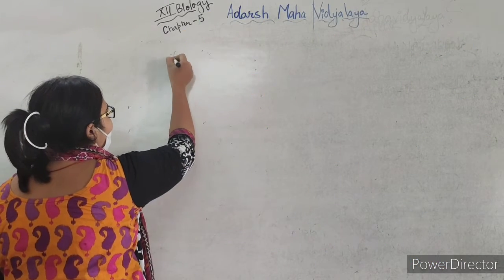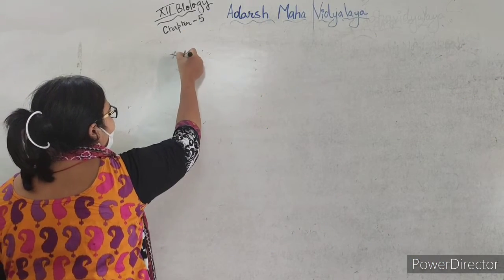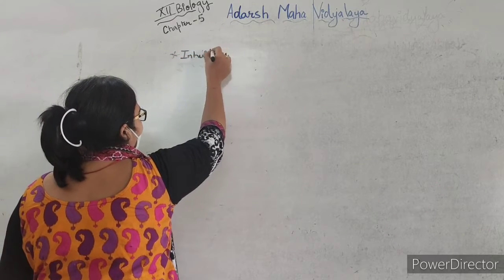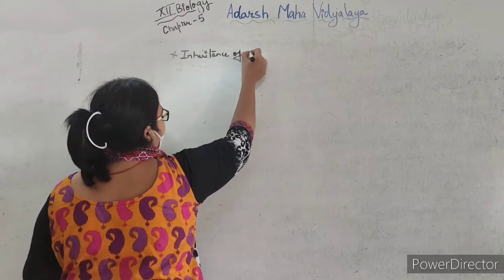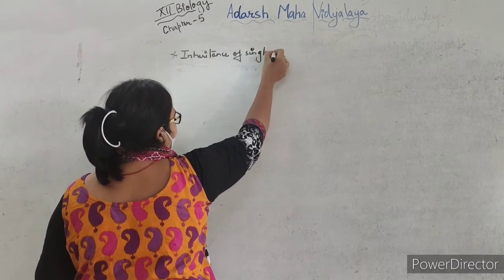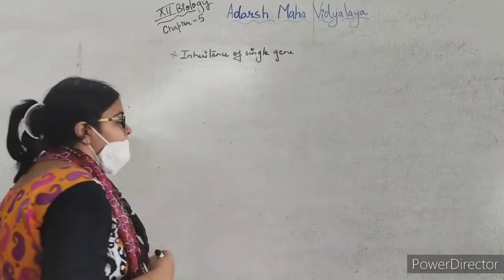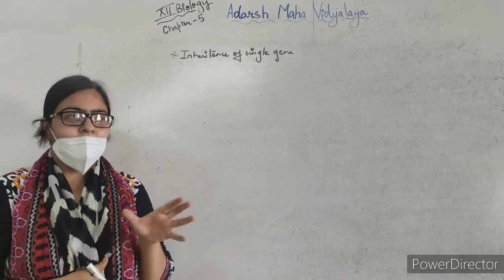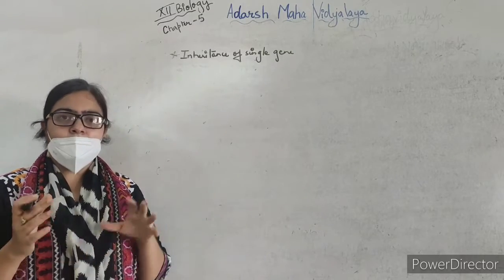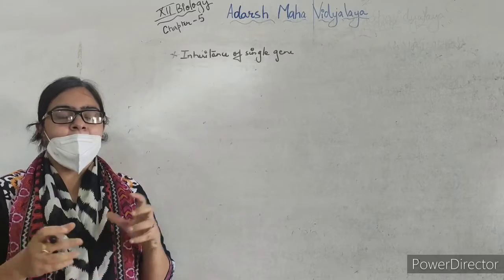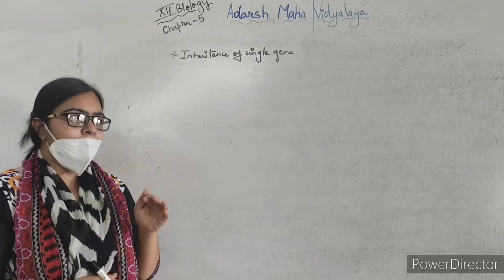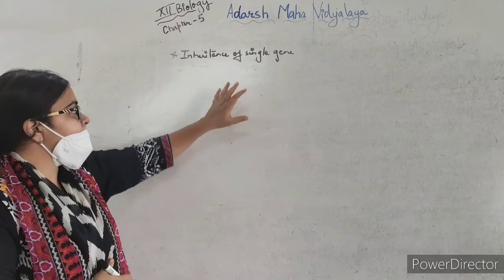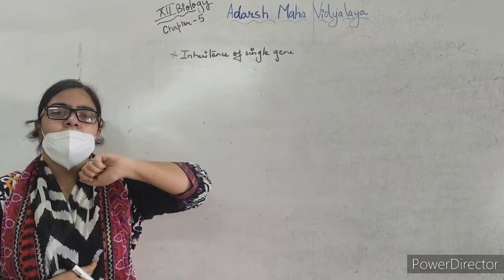So we'll start with the topic inheritance of single gene. Now, when we only take a single character, that is the stem height, that is tall, having two contrasting traits, that is tall or dwarf, and we are going to talk about only that single character, we'll say that it is inheritance of single gene.